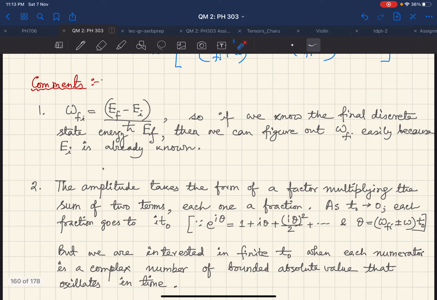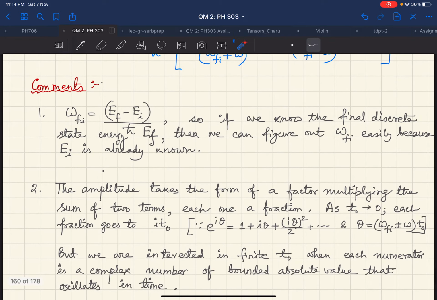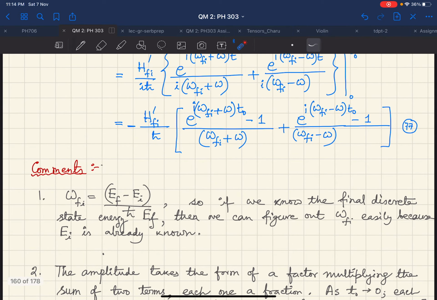However, you have to remember that we are actually interested in finite T0. That means my perturbation h prime of t has acted on the system for a finite time T0. So at finite time T0, you look at the numerator of these expressions. The numerator has these terms, which is basically a complex number of some bounded absolute value that oscillates in time, because you can always write this thing in terms of sines and cosines.